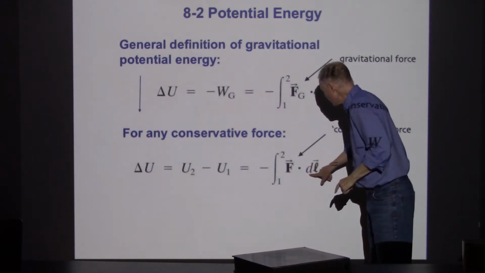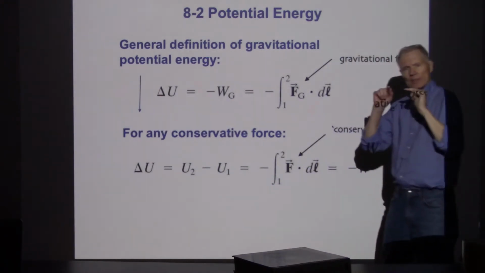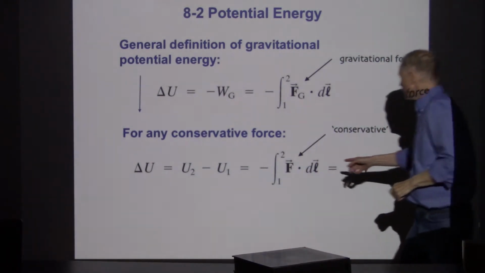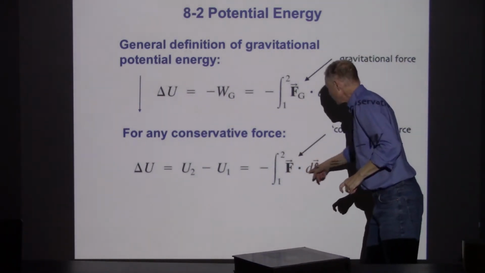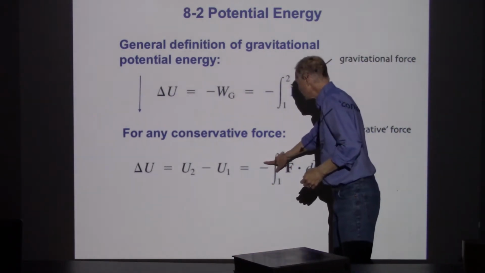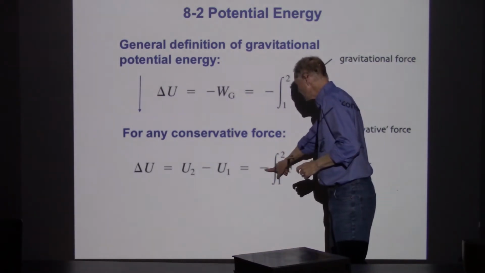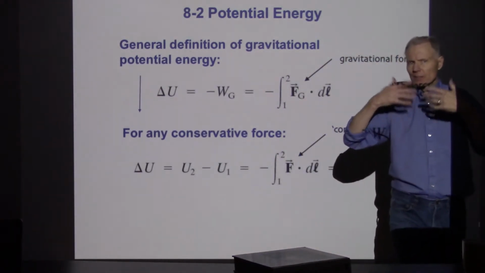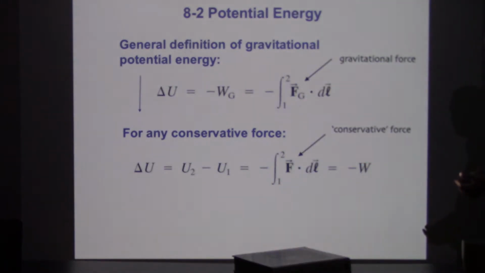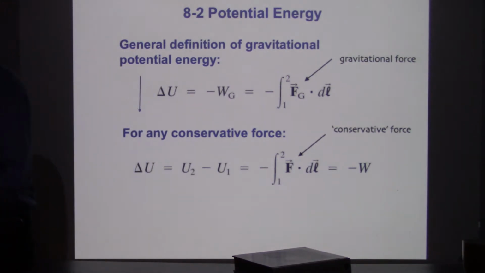If I think of this in terms of the dot product, if F and dl are in the same direction, this inside the integral would be a positive quantity, and the potential energy will drop by that amount. Now the negative sign here means that the potential energy will be dropping. Okay, let's look at some more examples with that.